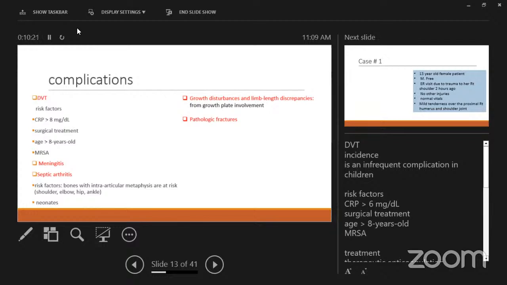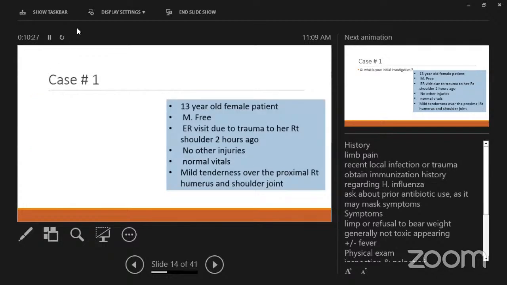Knees not included. Growth disturbance and limb length discrepancy, pathological fracture.